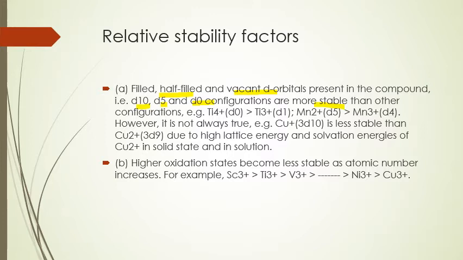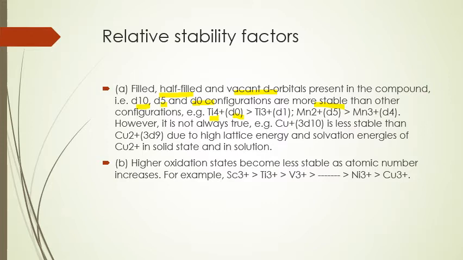If we see titanium 4 plus, if 4 electrons are donated, what will be its electronic configuration? d0. Is d0 stable or not? Yes, d0, that is the vacant d orbital, is stable. That's why the higher oxidation state of titanium 4 is more stable. That is the order we have seen previously.